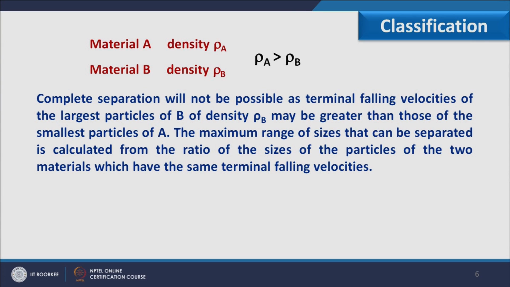Therefore, we can have material A as underflow and material B as overflow, but there will be some mixture also of A and B. So, sometimes we can say that complete separation will not be possible as the terminal falling velocity of the largest particle of B of density rho B may be greater than that of the smallest particle of A. Though material A is heavier, it will settle before B, but it will also depend on the size of the material.